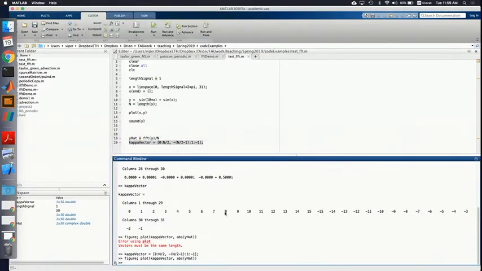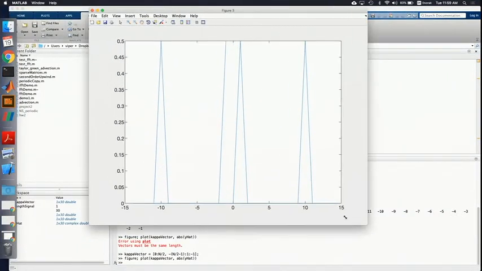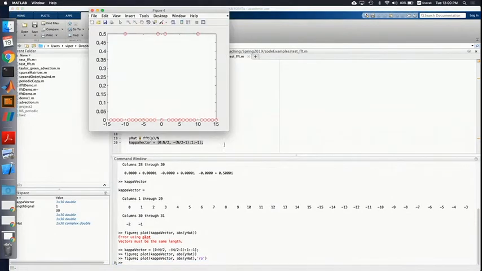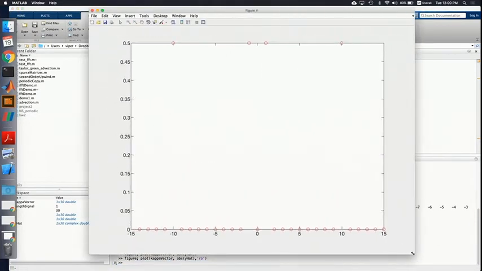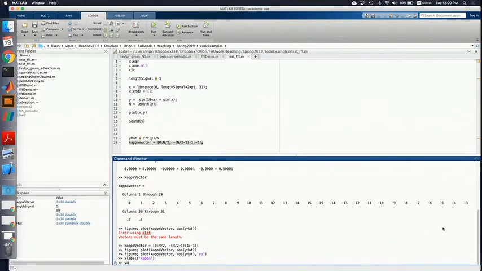So what is happening? Let's see. Actually, let's do this. Perfect. So the x-axis is kappa, and the y-axis is absolute of y hat.